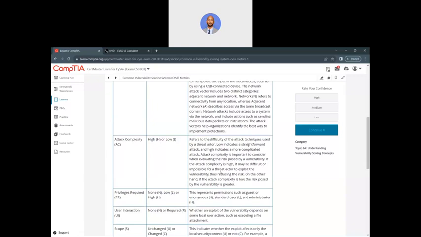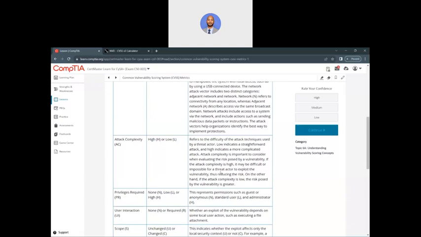So attack complexity refers to the difficulty of the attack techniques used by the threat actor. So we look at attack complexities. You're comparing, if you hear the slang term used, script kiddie versus an APT.